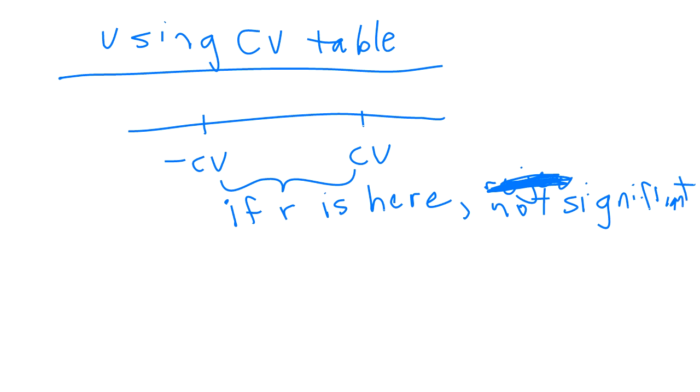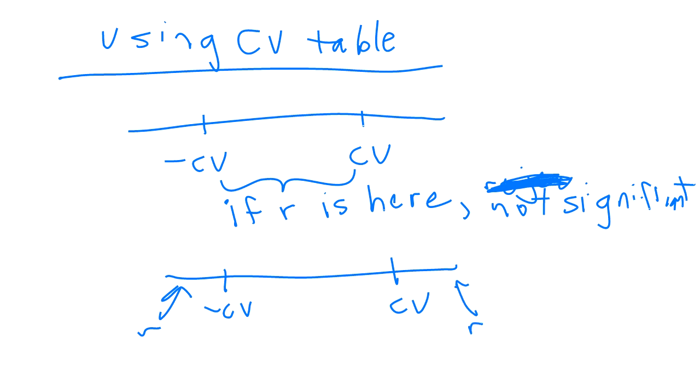So you want R to be here or here to be significant. You want it to be at the tail ends. So this ties into all that hypothesis testing, like the two-tailed tests. We want our correlation coefficient to be outside those critical values, because inside it's not significant.